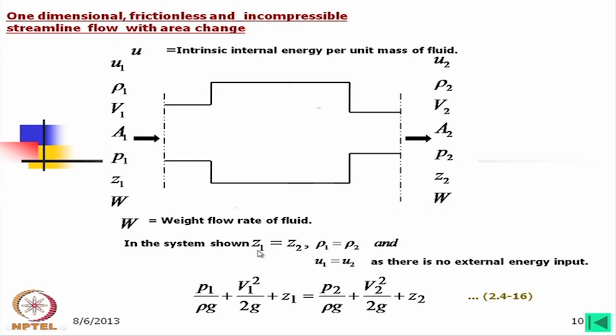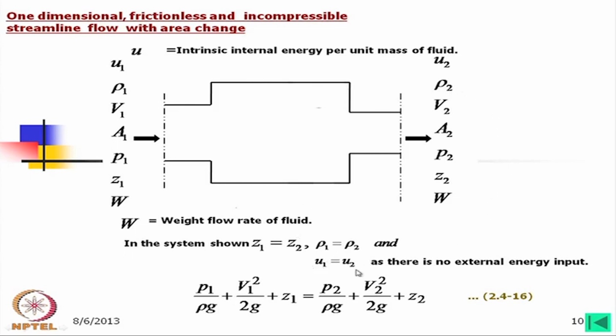Clearly, in this system we have considered that z 1 is equal to z 2, because this is horizontally placed, so we neglect that part. Rho 1 is also equal to rho 2, because the change in pressure is not changing the density, or whatever change is there is negligibly small.